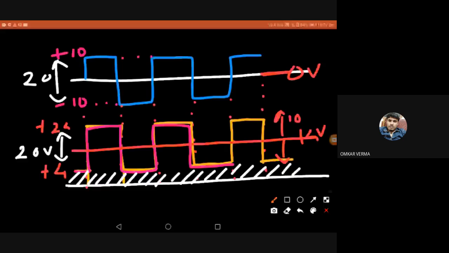Now, in case I have connected the battery voltage VB in the opposite direction, what might have happened? In this problem, I have a capacitor and I connect the diode like this.